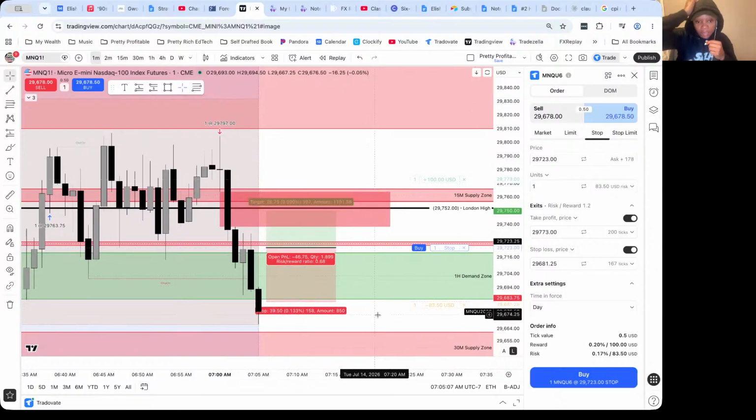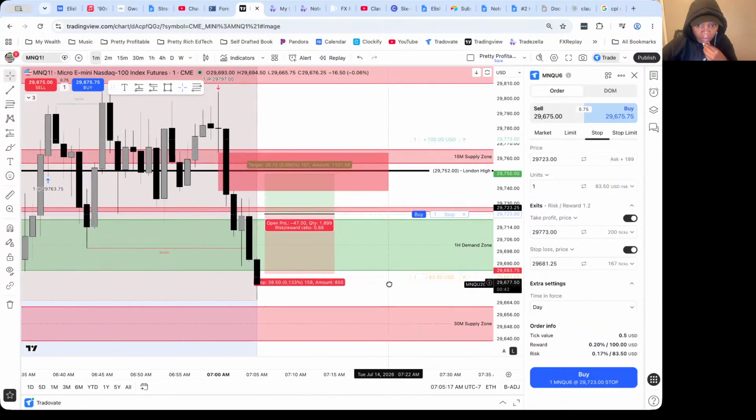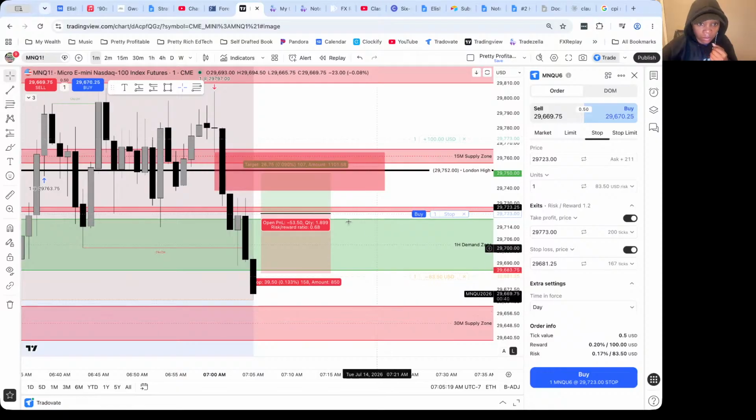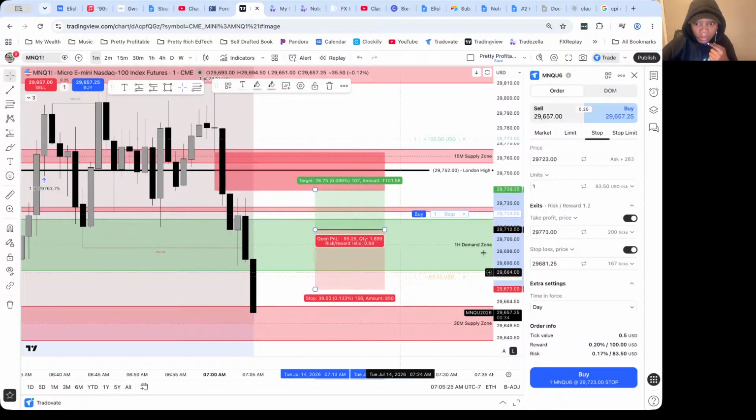So this zone has finally broken, so it can now be considered invalid. We have used it, but now we're coming into a supply zone. And another zone was created on the 1 minute during this time. Oh wow, we're dropping.